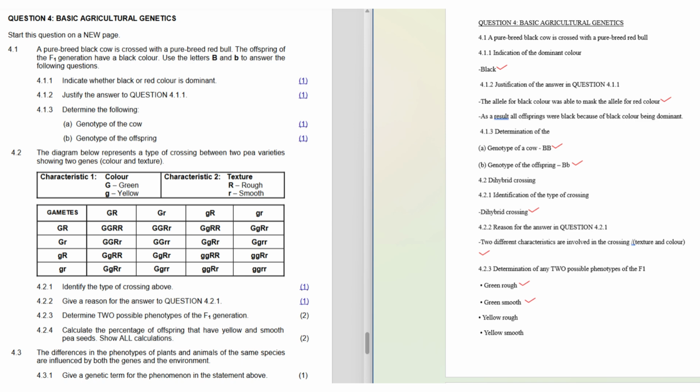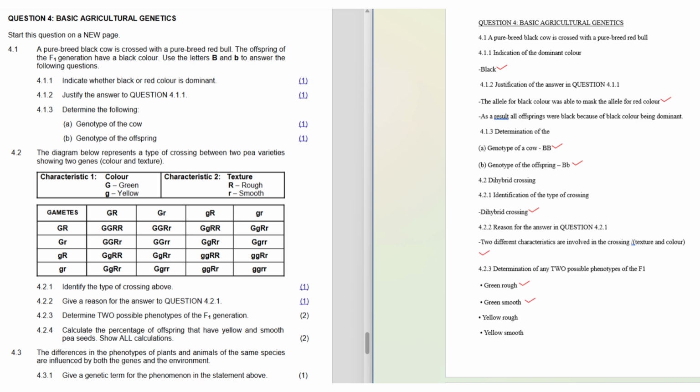Okay, right. So homozygous G and homozygous R dominant. What is this? Here we have homozygous dominant for both characteristics, color is dominant and the texture is dominant. So we're going to look at G, which is green color.